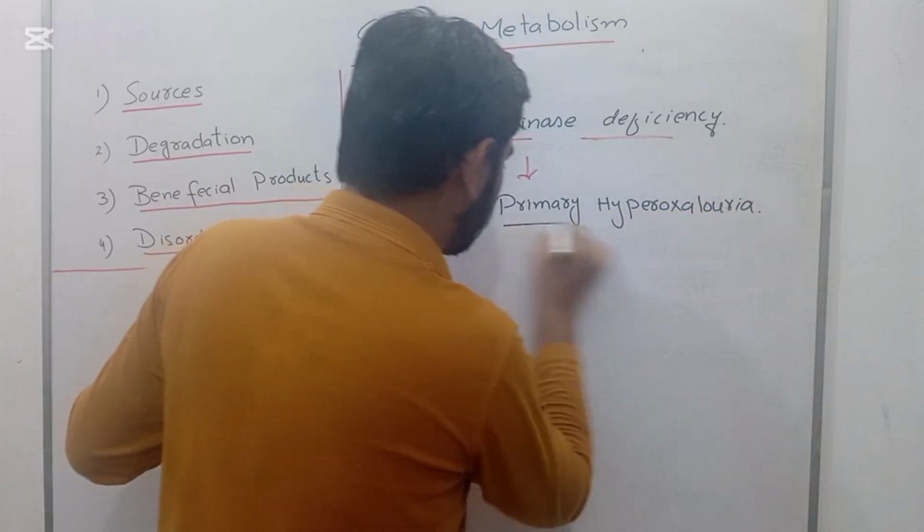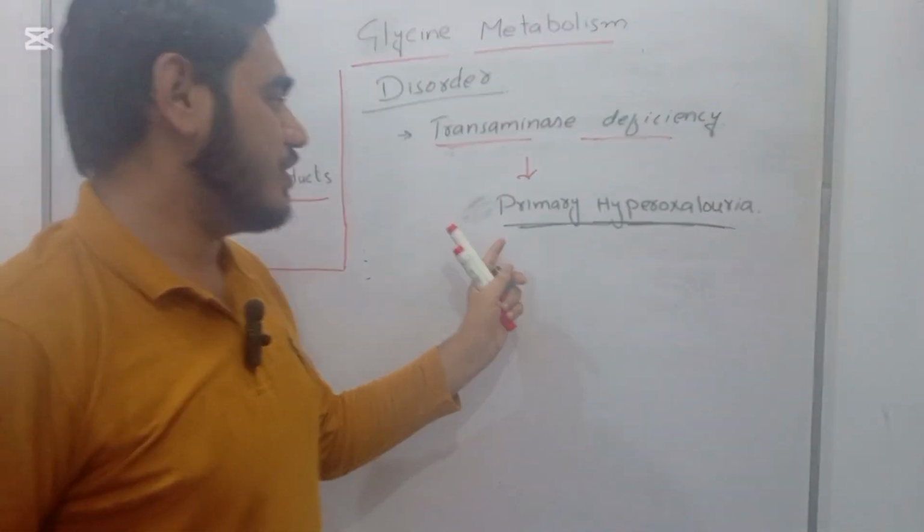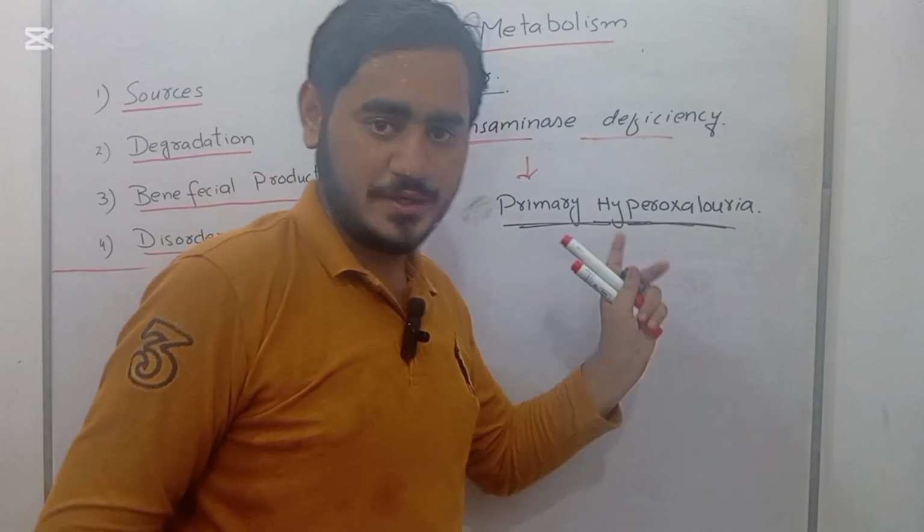So this is the first disorder. The deficiency of this transaminase enzyme leads to the disorder primary hyperoxaluria.